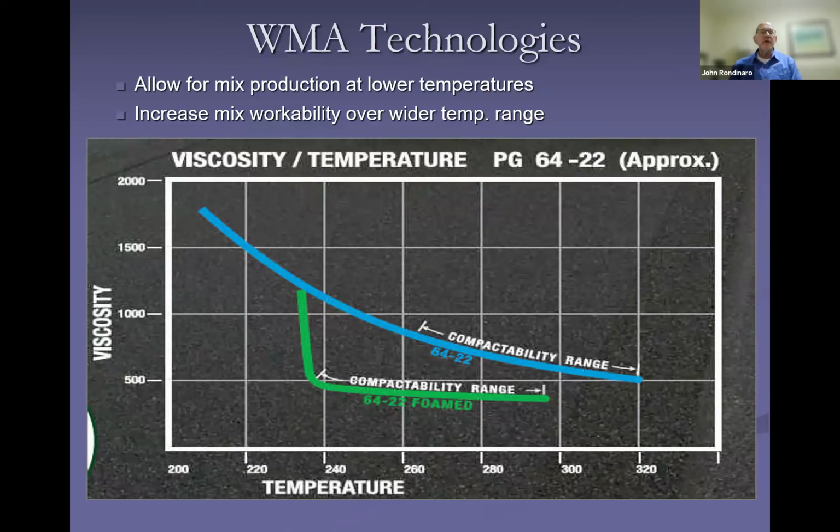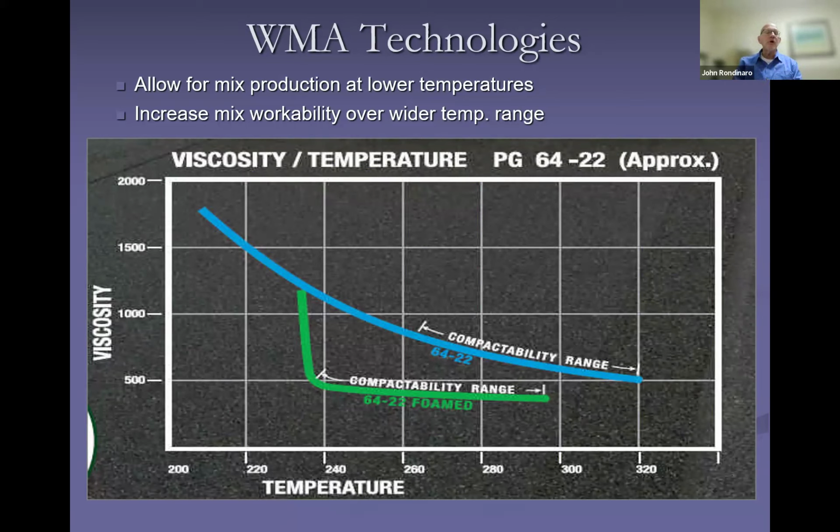And what really differentiates warm mix, other than the mix production at the lower temperature, is the workability of the warm mix. And this slide just points out, if you look on the left-hand scale, that's measuring viscosity, and viscosity is a measure of its flowability or its molasses-like characteristics. So the higher viscosity, the more viscous it is, the more molasses-like it is, the less flowable it is.